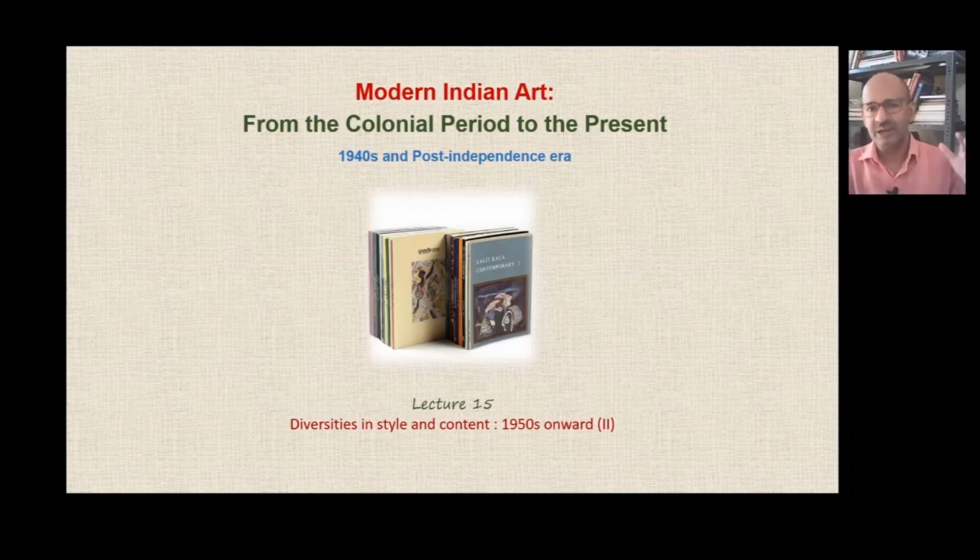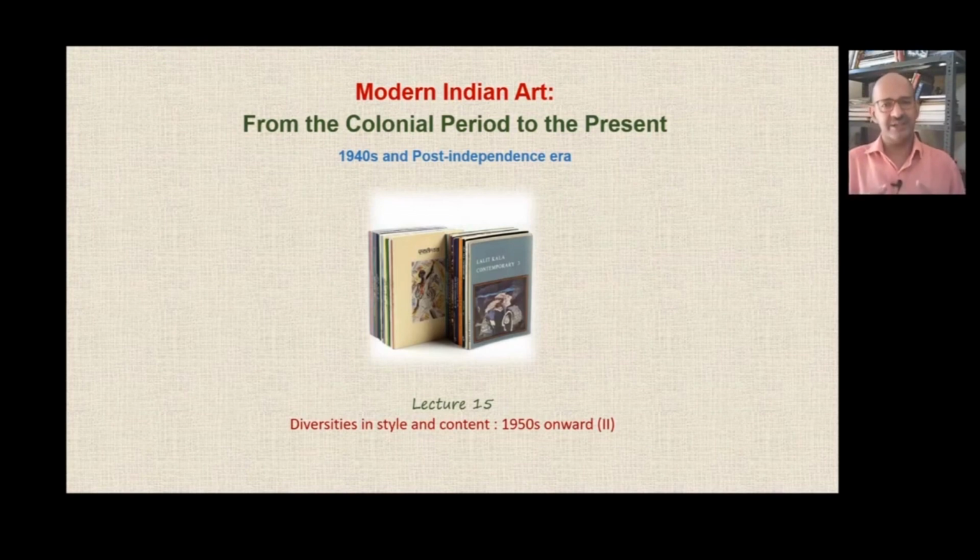Therefore, modern art, particularly from this era, ceased to remain only a hands-on practice, only a material and technical practice. It also assumed an intellectual practice, a practice that required reading, writing, thinking, talking.